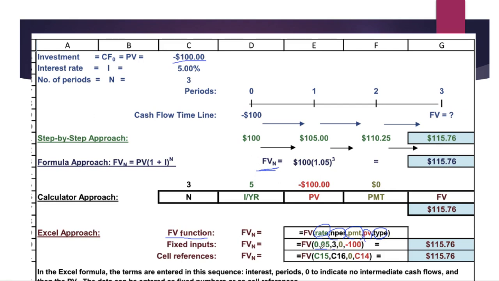This is the interest rate per year, and then we are receiving 0 payments in between until the end of these 3 years, and we just have $100, which we enter with a minus sign because it is a cash outflow, and that gives us $115.76.